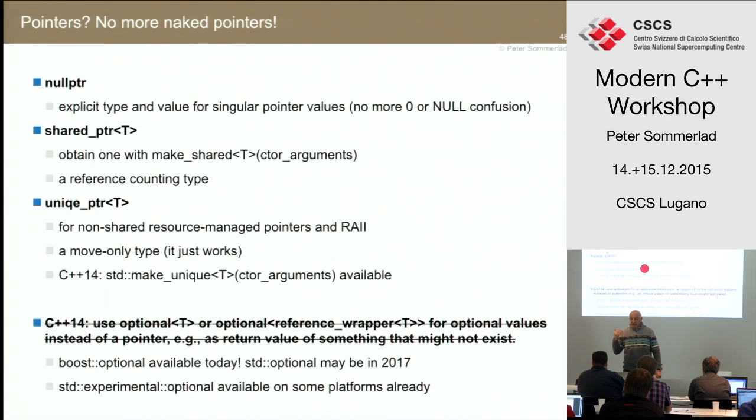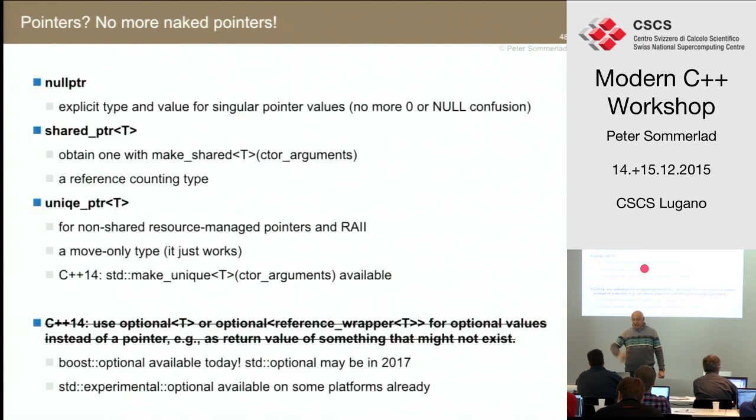For make_shared and make_unique, you can pass any constructor arguments that you would be able to pass to the underlying type T that you create. And typically the return type you store in a variable that you define with auto, so you don't have to think about the details of how to spell it. So you have to spell the type T only once as a template argument to make_unique or make_shared.